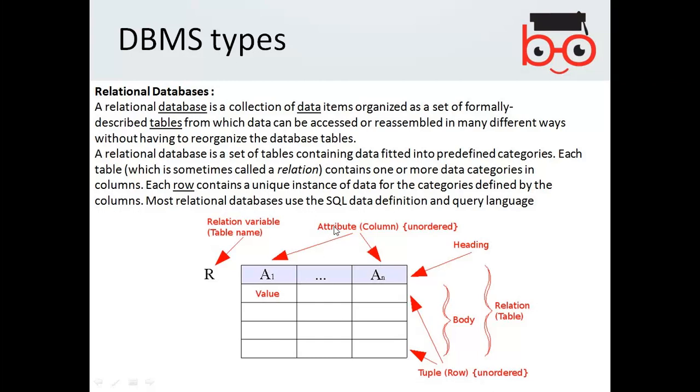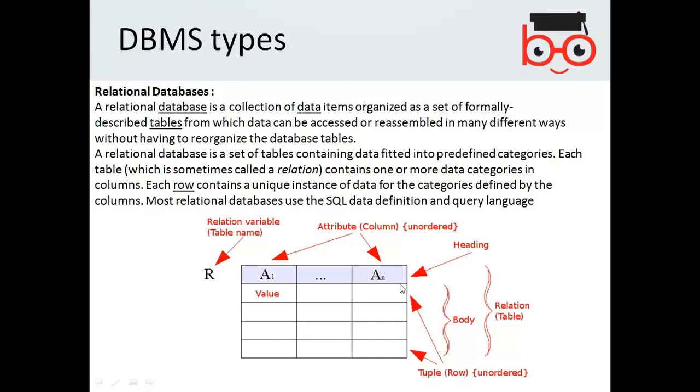The attributes or columns can be unordered. The relation variable is basically the table name. When you say R is a table, and A1, A2, A3, they are the attributes or the columns. They can be unordered. There is no need for them to be ordered.